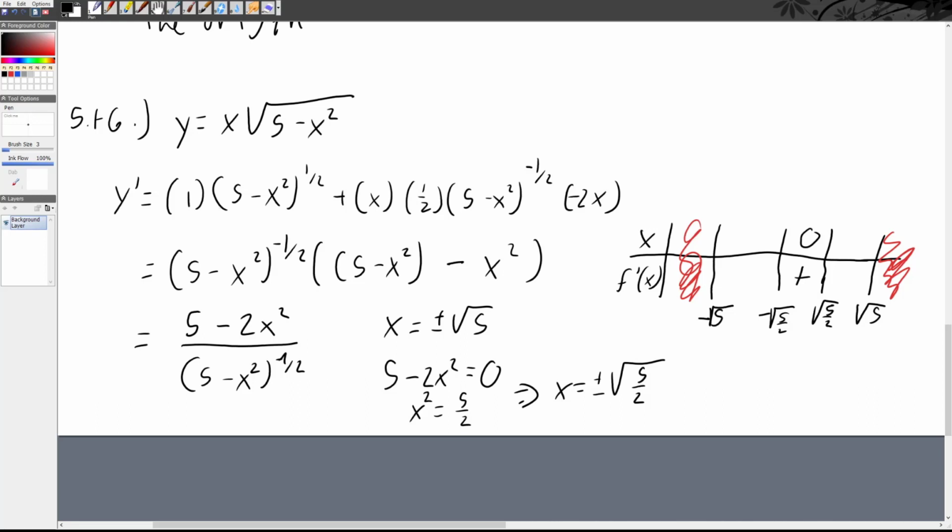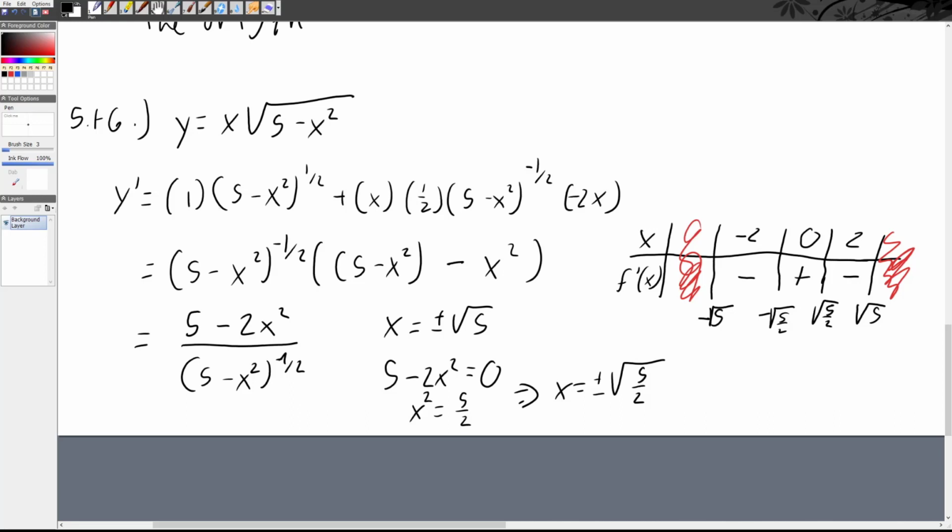So we can just pick 2. Similarly, we can just pick negative 2 because it's symmetric about the origin. We put in 2 and we get that this is going to be a negative number. And we also get that negative 2 will also be a negative number.